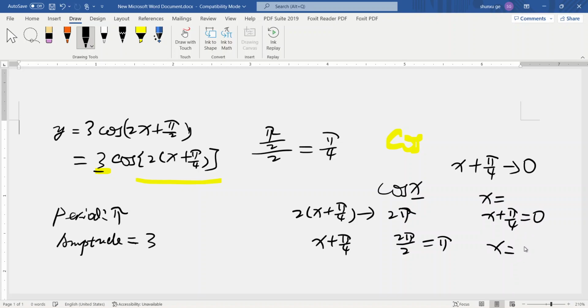So x equals negative pi over 4. So move negative pi over 4.